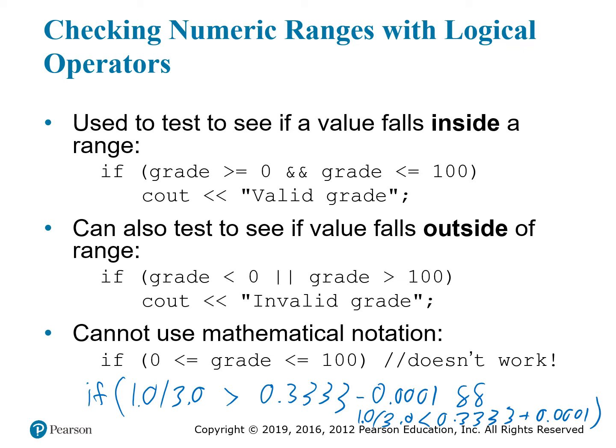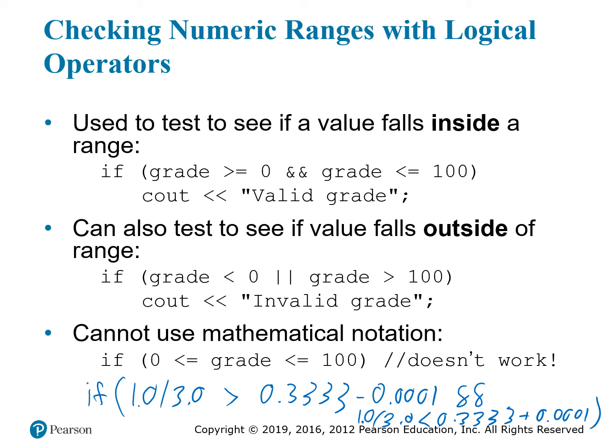Okay, then what we've done is we've created a little range to test that your 1/3 is going to be within that. A true 1/3 value is going to be within that range.